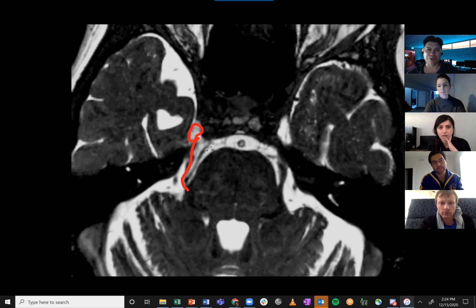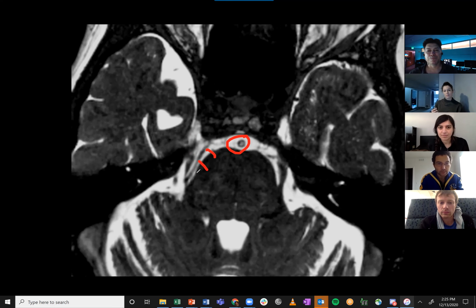If those are the fibers of 5, then what is this thing? And how do you think this guy's presenting? What is that? That's the basilar artery.